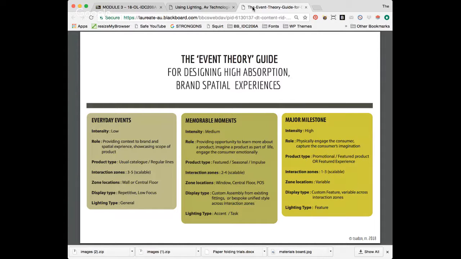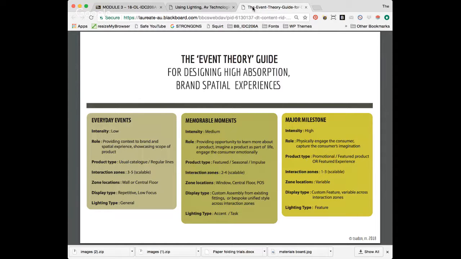So you could use standard stock items from display agents, but putting these together in a way that is representative of the brand is suggested so that you are fundamentally supporting that brand aesthetic and that brand story and really orchestrating optimal brand buy-in between the consumer and the brand. And again, if you're lighting these memorable moments, you want to look at task lighting or accent lighting to make them a mid-level engagement.